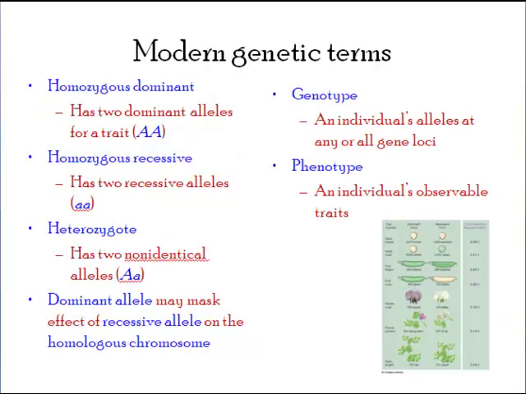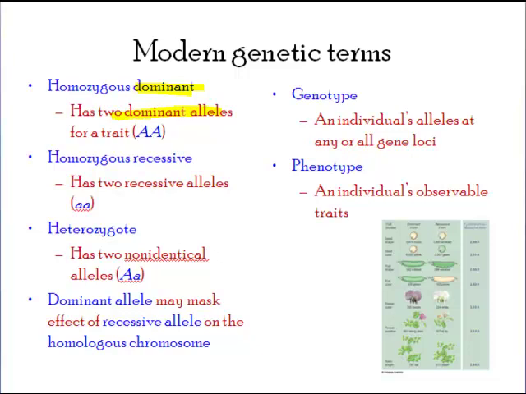Now, in modern genetic terms, we have some more vocabulary, and one of the most important that we will hear a lot is the term dominant. A dominant allele indicates a characteristic that is present as a physical appearance.